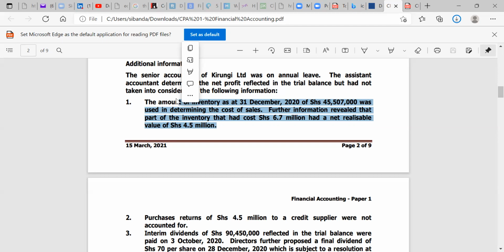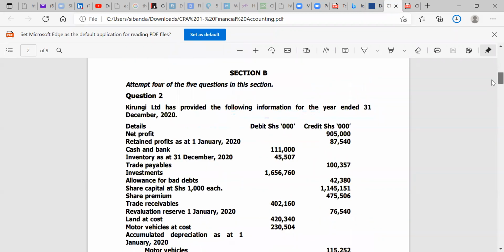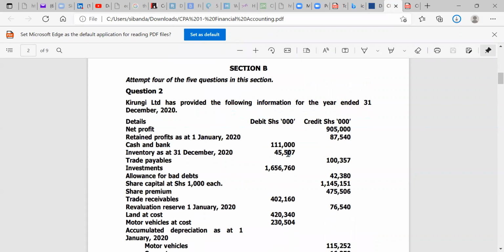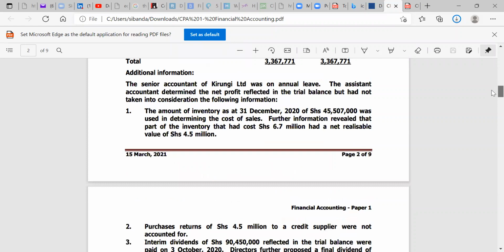So it is that 145 that we compare with how much we incurred in buying that inventory. It's the same thing here where they're telling us that as at 31st December, this inventory of 45,507, which we have in our trial balance, includes inventory that had a cost of 6.7 and a net realizable value of 4.5.